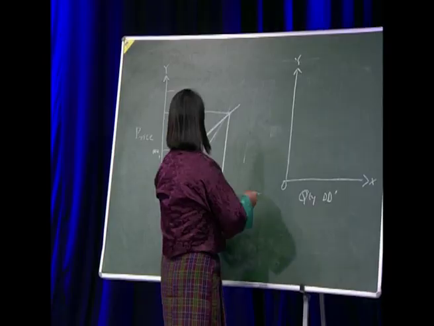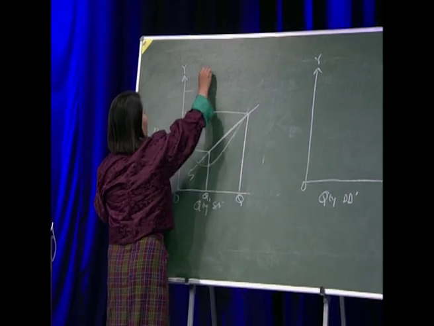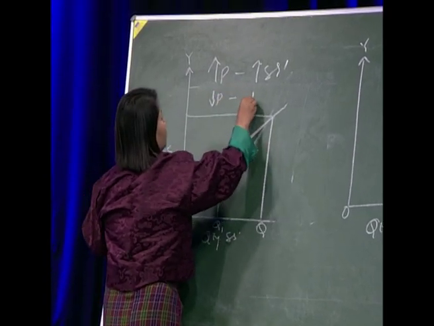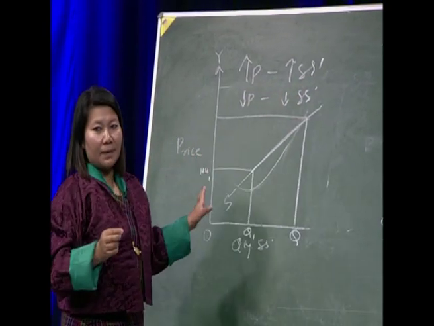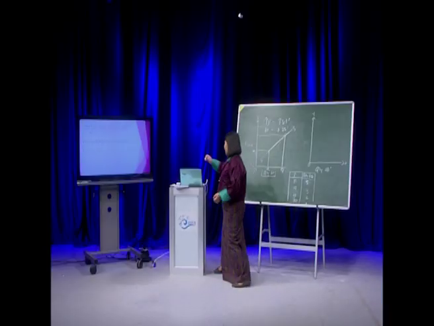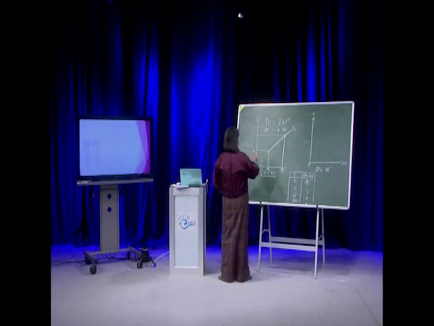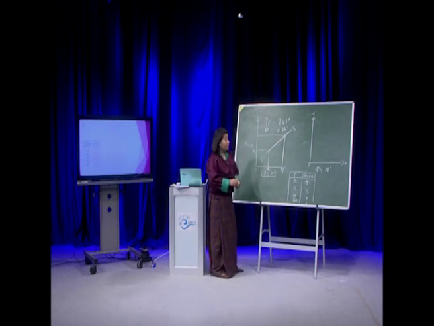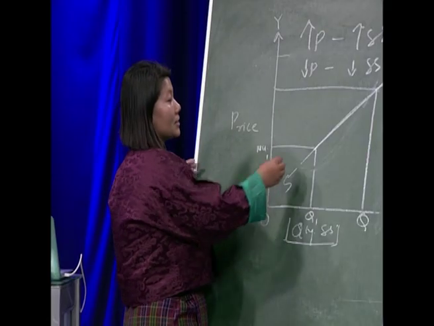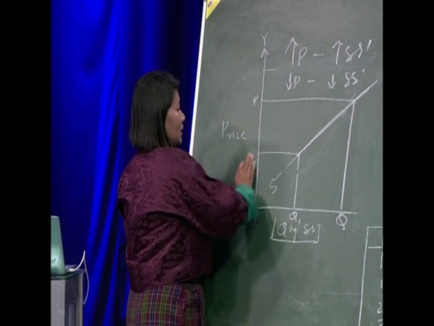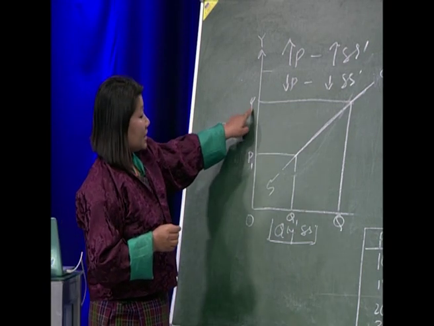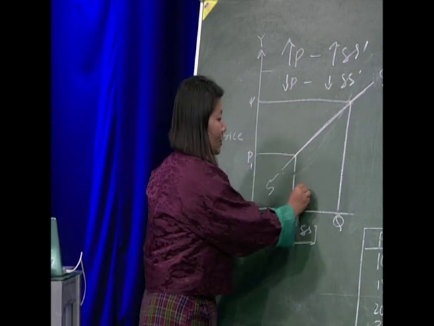Here, the higher the price, the higher the supply; the lower the price, the lower the supply. This is the law of supply, a direct relationship. With the help of the supply schedule we had earlier, we have drawn the supply curve, and if you look at it, when the price is high, the quantity supplied is also high.